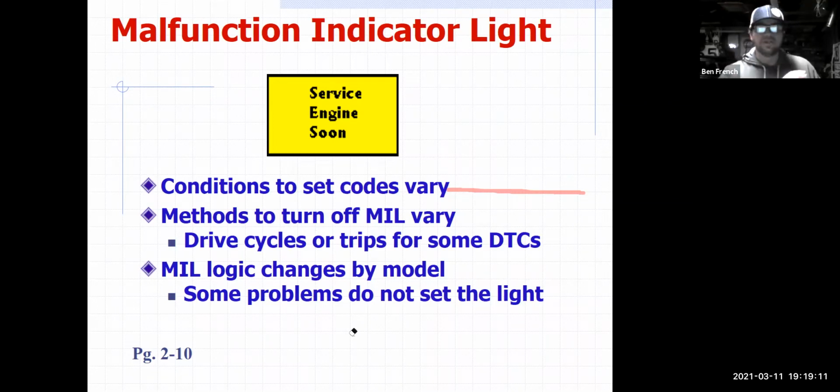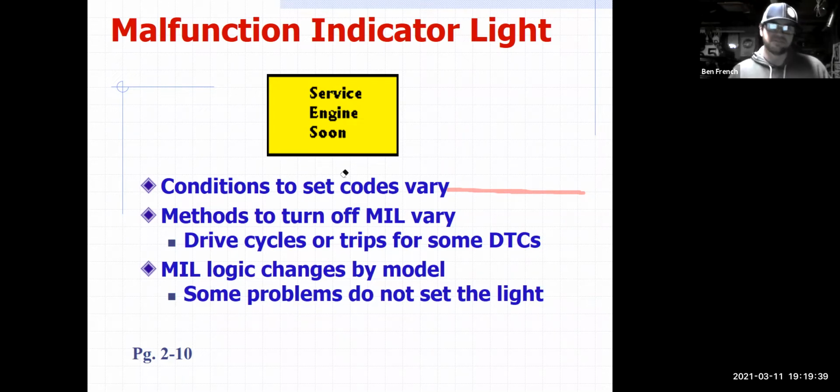Okay, the computer's mad about something at this point. And so if the service engine soon light, the MIL, is on, there's got to be a code in the memory there. Okay, so the first thing you're typically going to do with that then is to hook up your scanner and pull those codes.